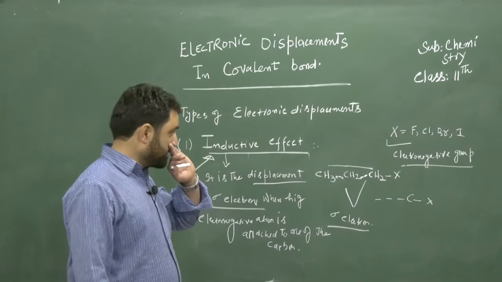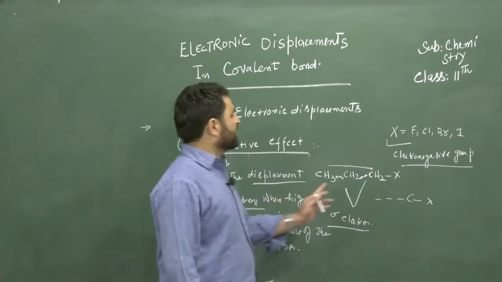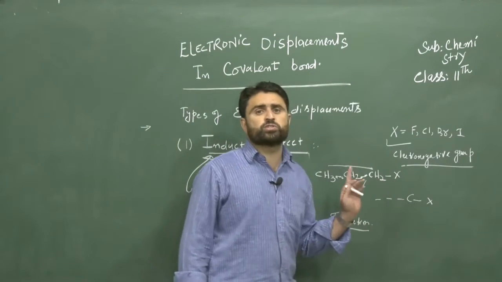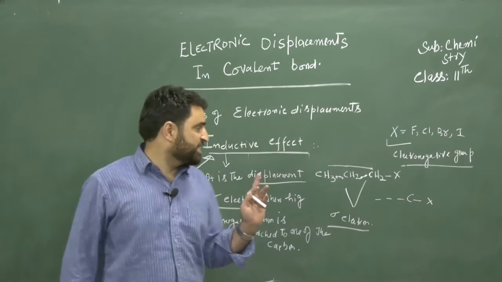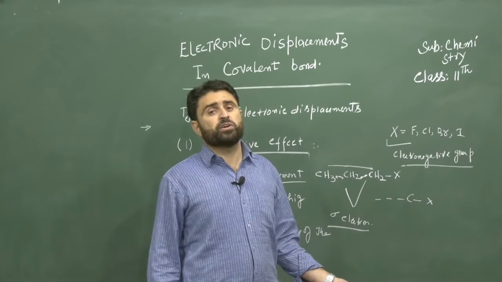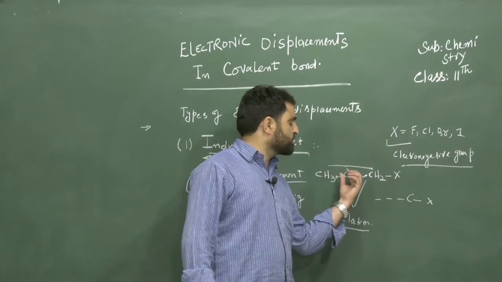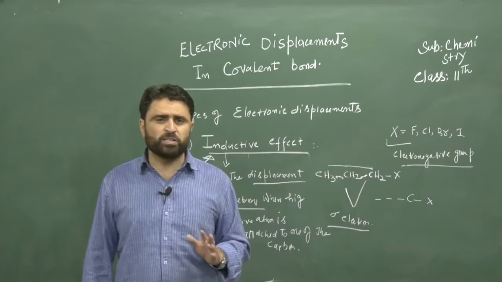Displacement of electron. But this displacement of electron can happen only when you attach a high electronegative atom. If you attach a low electronegative atom here, the displacement of electron will take place from X towards this group. So it depends upon the group.